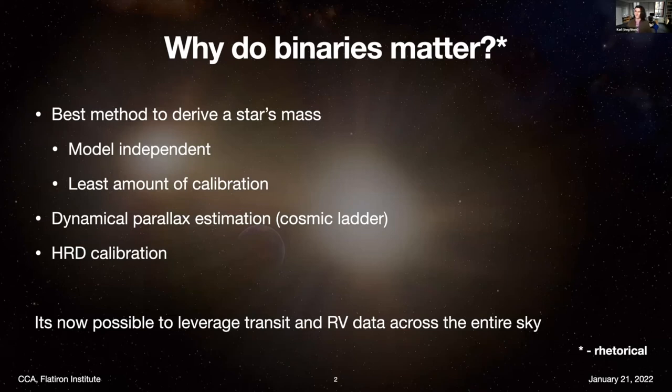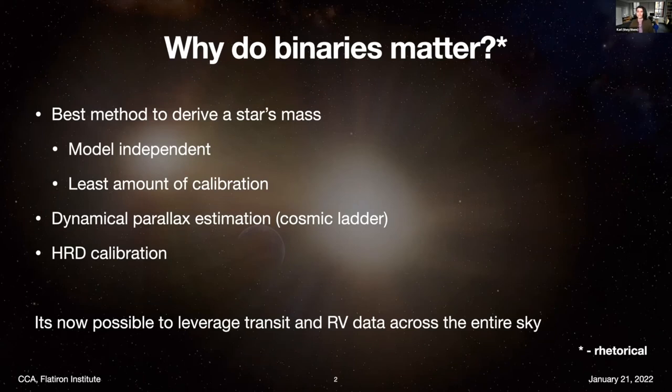In addition, they're one of the bottom rungs of the cosmic ladder, and eclipsing binaries have even been used for extragalactic distances. They're also useful for Hertzsprung-Russell diagram calibrations, both in the population sense in star clusters, as well as individual stellar models.